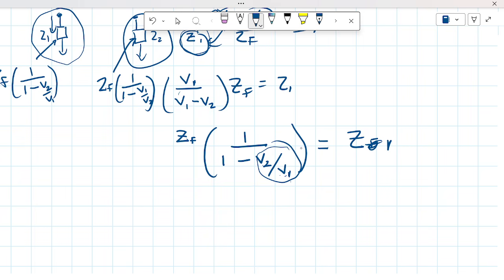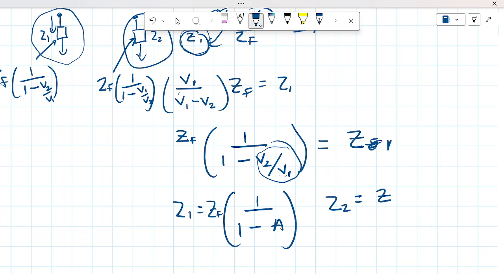Then the formula becomes Z1 is equal to the original impedance ZF times 1 over 1 minus the gain. Then for Z2, that's the impedance at the other side of the node, or at the other node, becomes the original impedance ZF times 1 over 1 minus 1 over the gain.